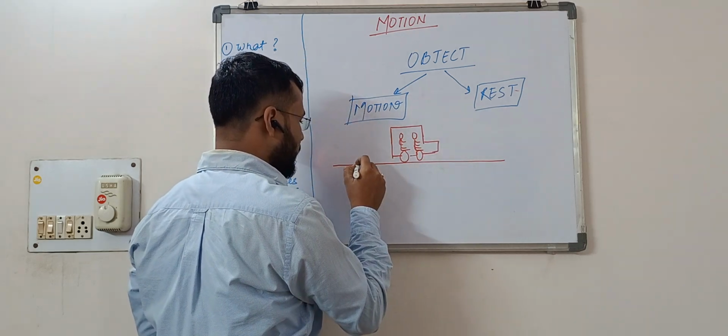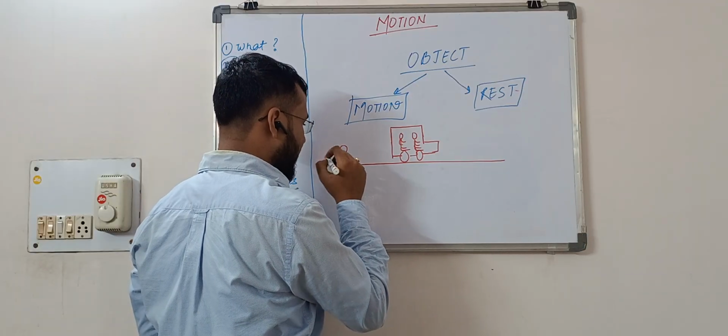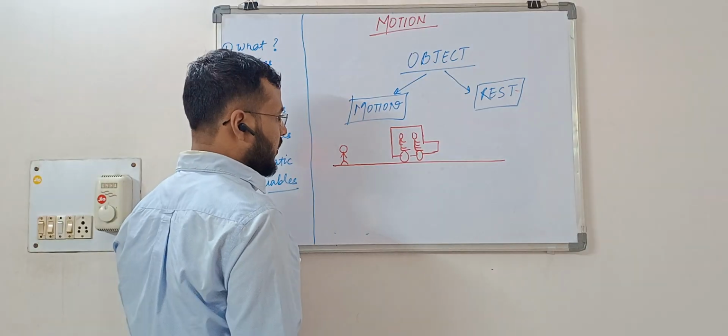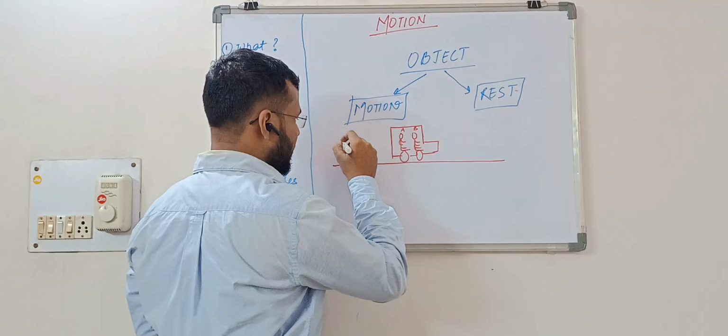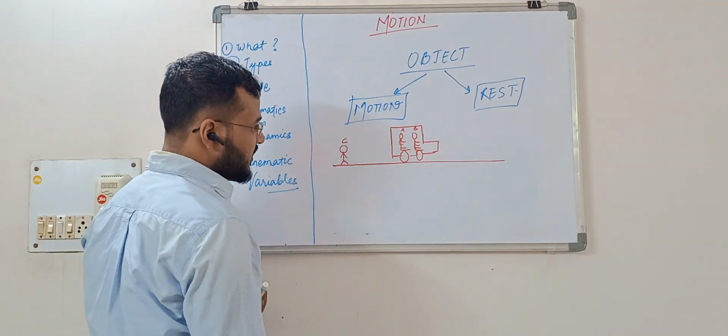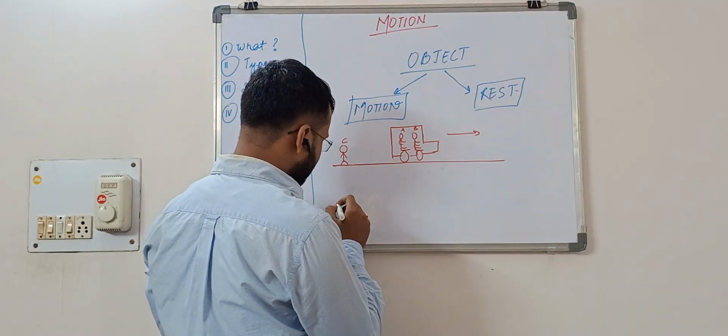And here we have a man who is standing, right? Suppose this is A, this is B, and this is C. We say that the bus was moving in the forward direction, right?